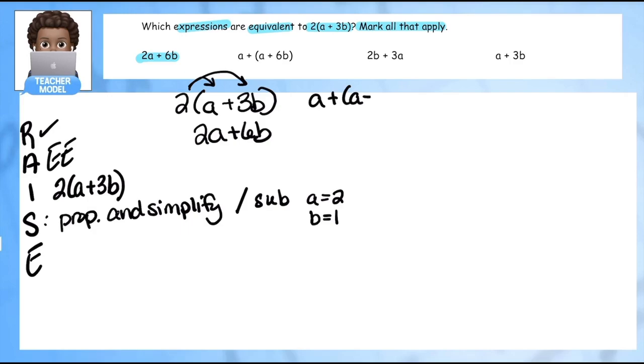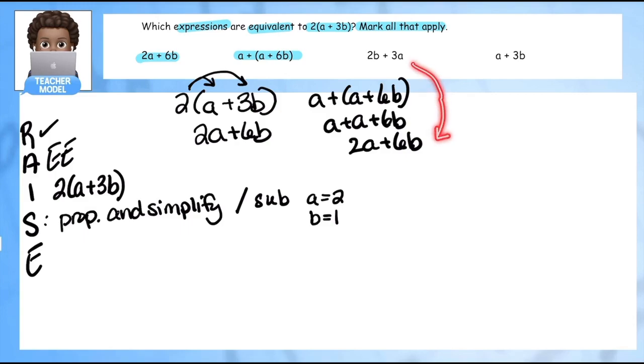A plus a plus 6b, that would be 2a plus 6b, also equivalent. And then we have our last two. So 2b plus 3a is not the same as 2a plus 6b. I have a 2 and I have a 2 here, but they're with different terms. These are not the same at all.